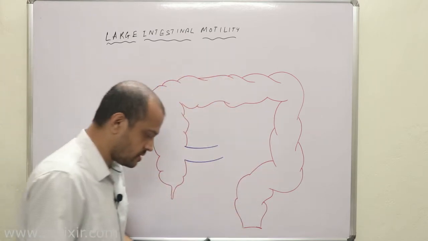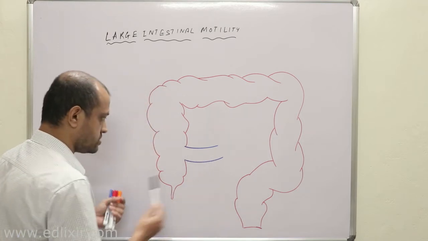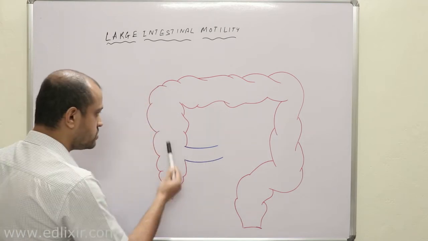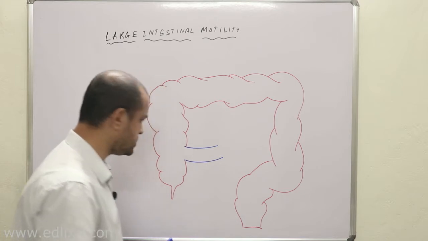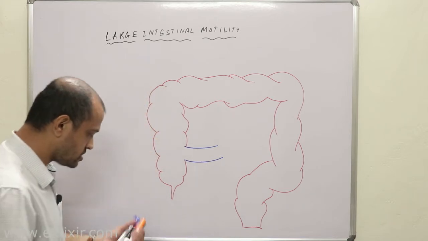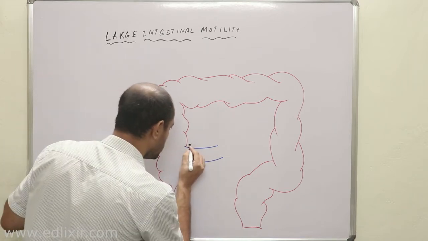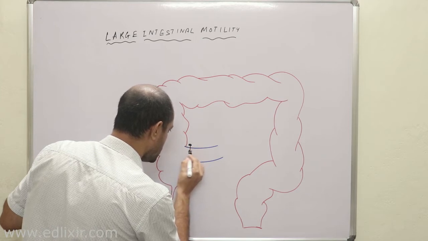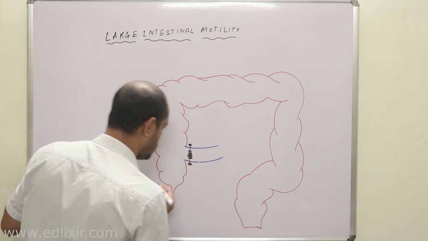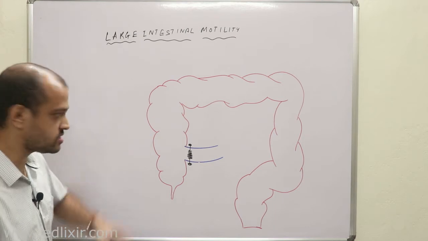At first we'll start with this entrance of the ileum or small intestine into the large intestine. That is the contact point. Now this contact point is also guarded by, not springs, but sphincters, right?